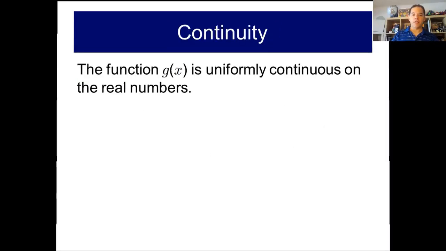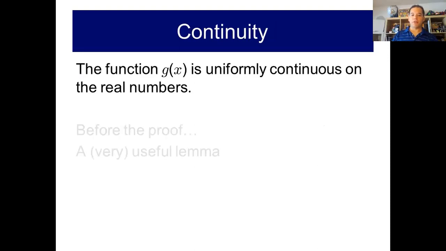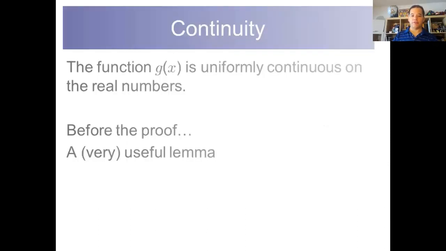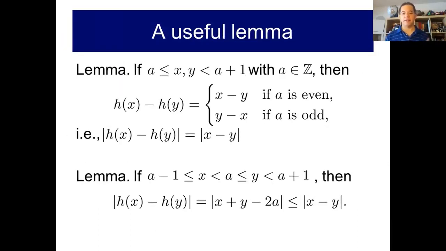Next, we talked about continuity. And for the proof of that, we used this lemma. And that lemma, we'll use it again today. So let me remind you, it's kind of neat. What this lemma says is that if you have numbers with the same integer part, if x and y have the same integer part, then the difference in value of the h function is either x minus y or y minus x, okay, one or the other.